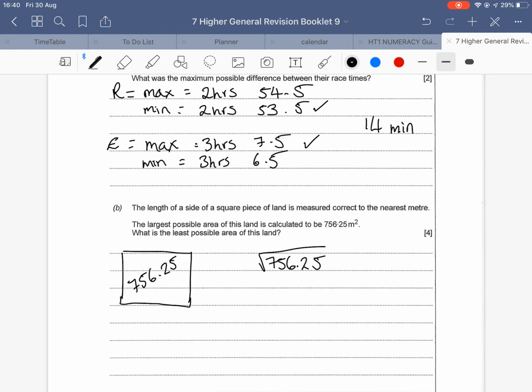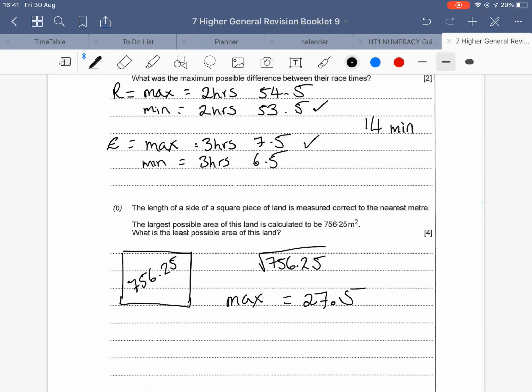So when we square root it, the square root of 756.25 gives us 27.5. So because obviously they told us that the largest possible area was 27.5, that length is the maximum correct to the nearest meter.